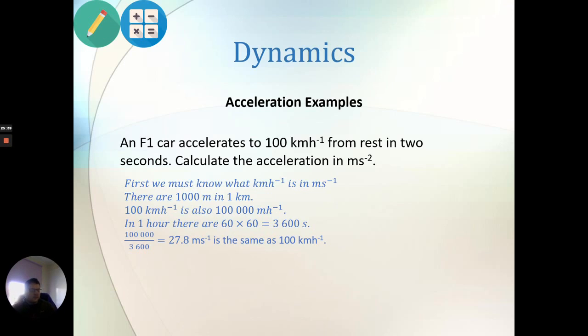So 100,000 divided by 3,600 gives us 27.8 meters per second. 27.8 meters per second being the same as 100 kilometers per hour. And maybe one or two of you remembered what the trick was to convert the 100 to 27.8 really quickly.